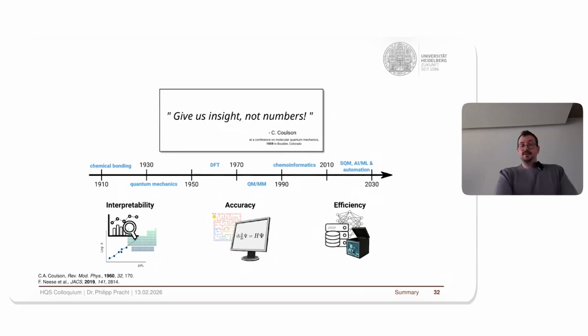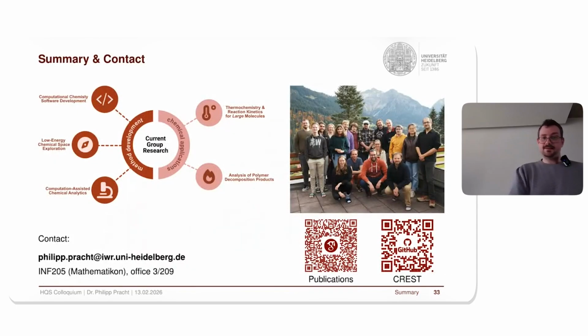However, all three of these things need to be combined. And the revised citation, so this revision was made by Frank Neese and not by me, would be: give us insight and numbers and error bars. With that, I'm really at the end.